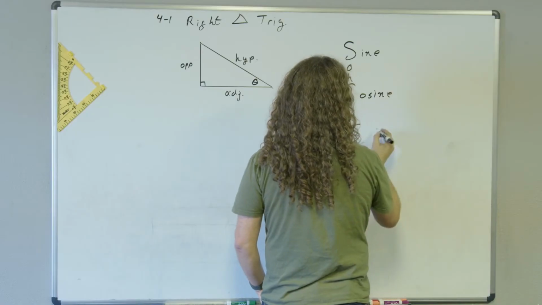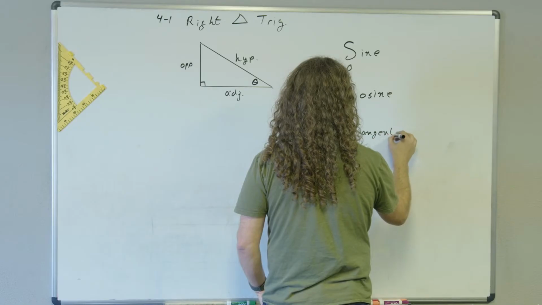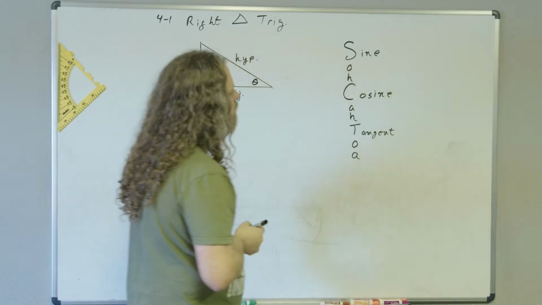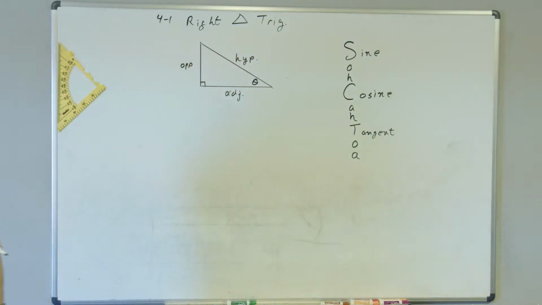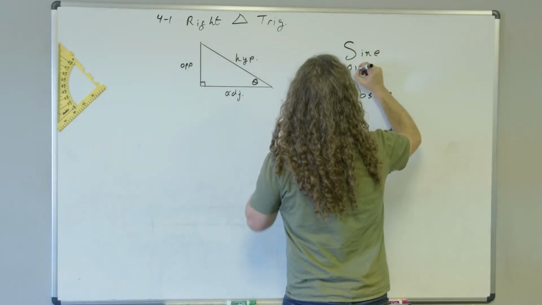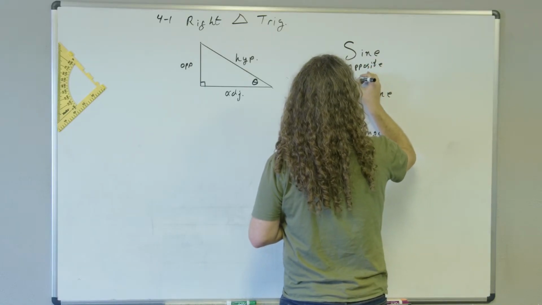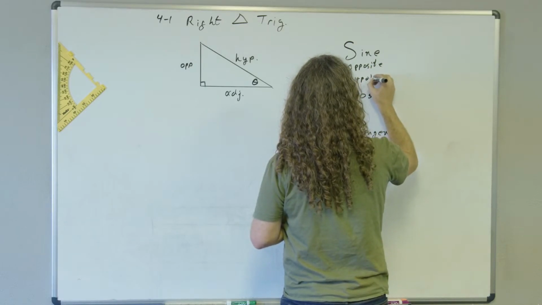I still can't spell sine. T stands for tangent. Is it not just S-I-N-E? I spell it S-I-G-N. That's a totally different word. O stands for opposite. H stands for hypotenuse.